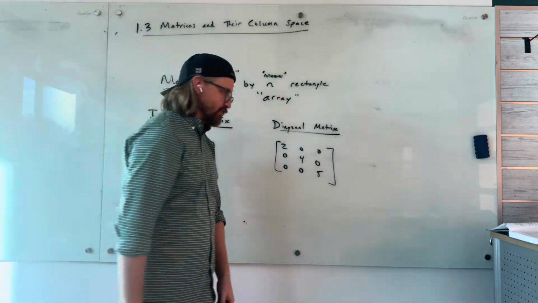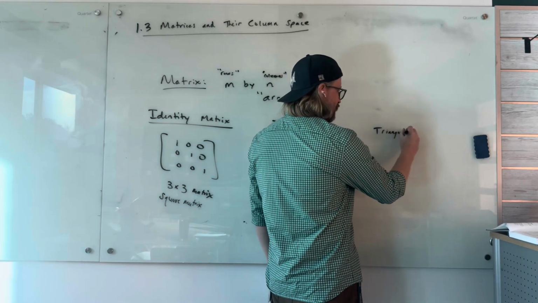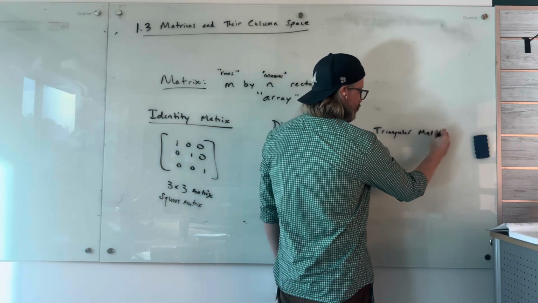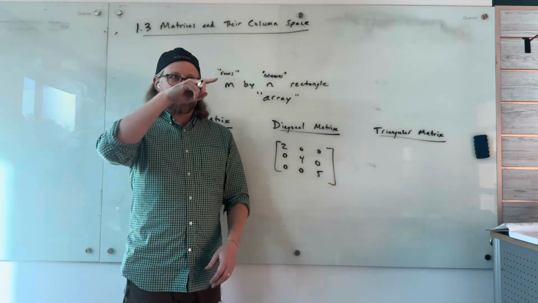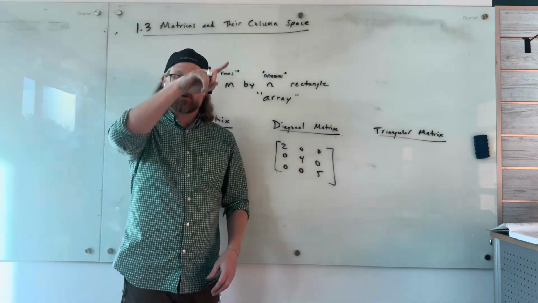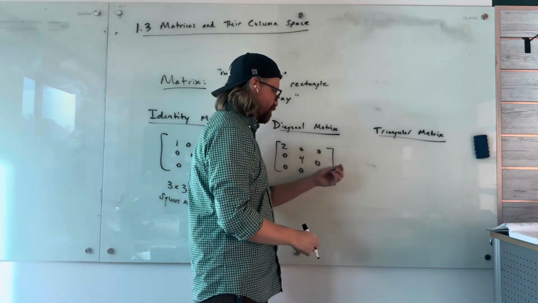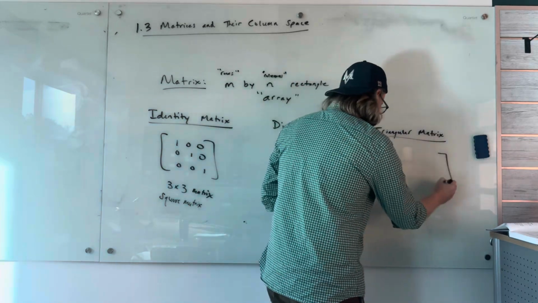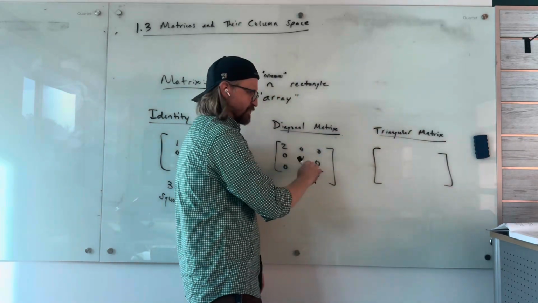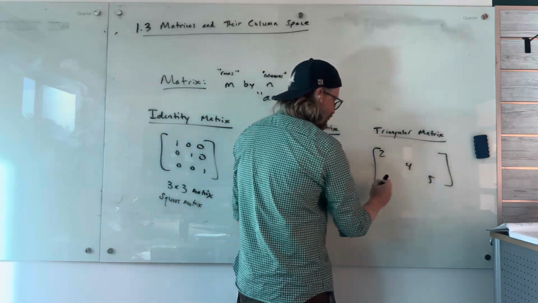Another very important matrix that we will see is what's called a triangular matrix. These are going to play a huge role later as well, where a triangular matrix is all about the non-zero numbers creating a triangle with the main diagonal. So for example, I'll rewrite it here. Let's say I have 2, 4, and 5 along the main diagonal again.